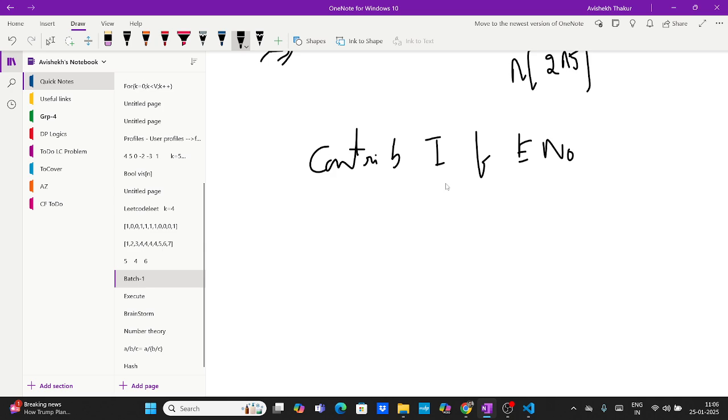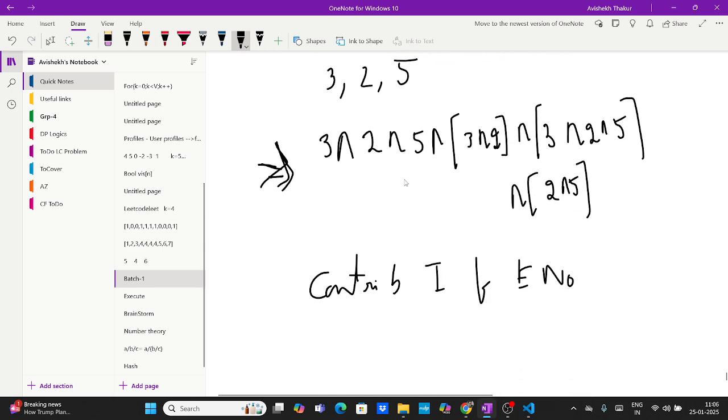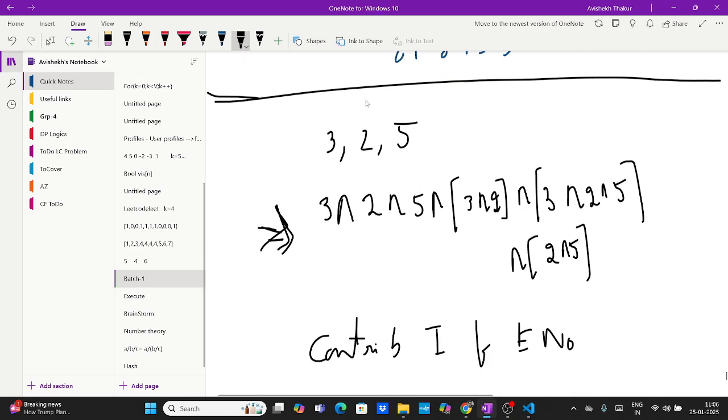In the final expression, 2 will repeat for some number of times. Can I say 5 will repeat for some number of times? Can I also say that 3 will repeat for some number of times? Correct?